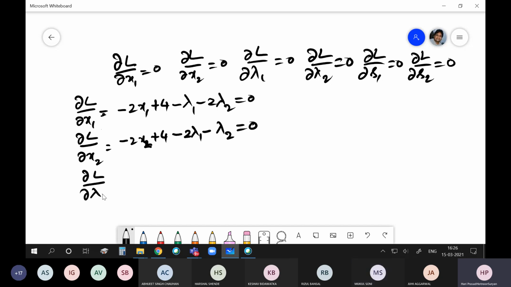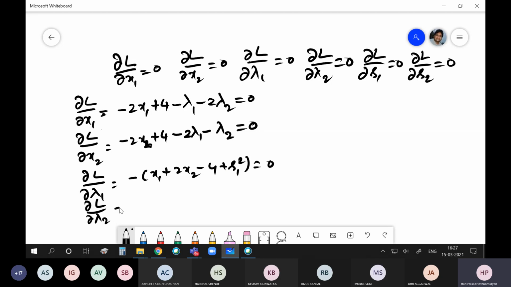Dou L by dou lambda 1 is equals to minus of x1 plus 2x2 minus 4 plus s1 square is equals to 0.